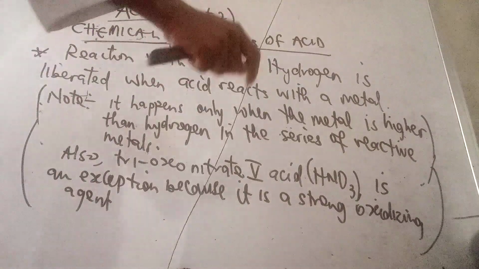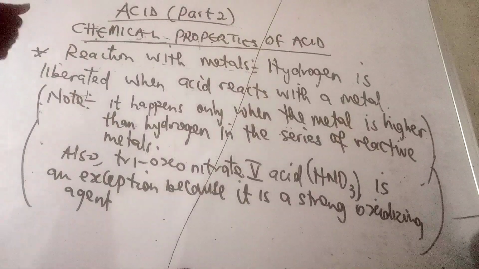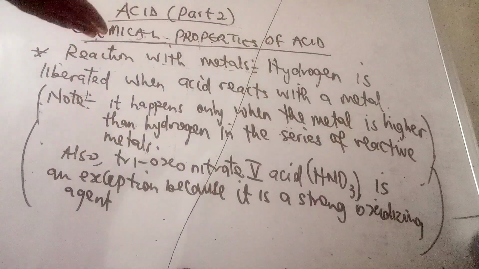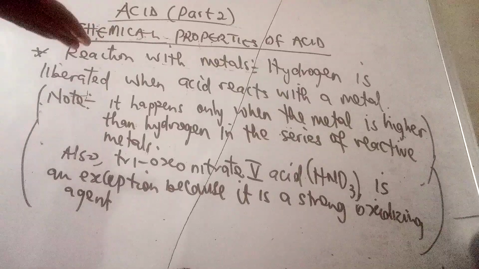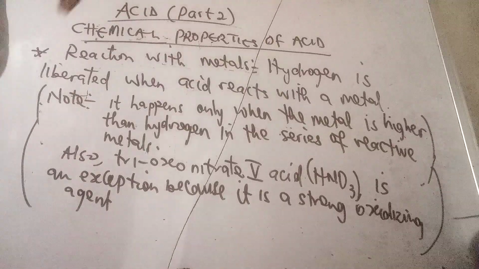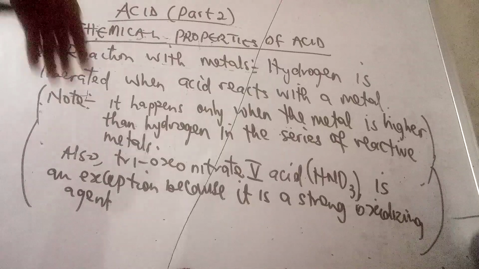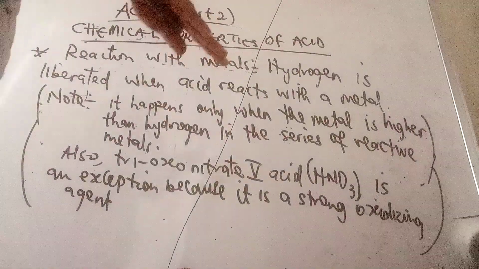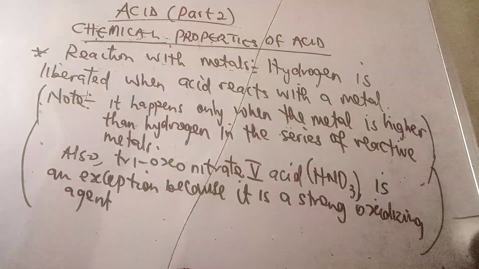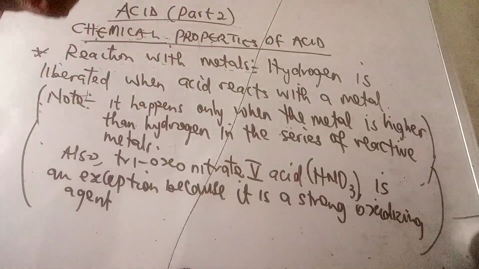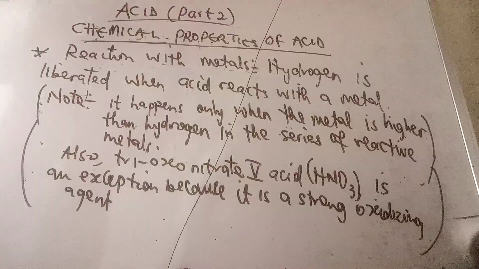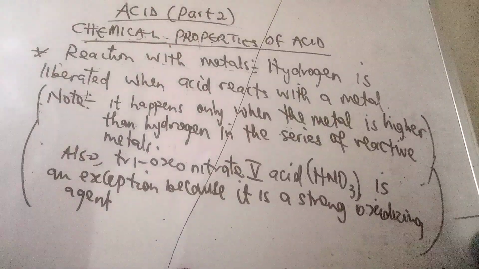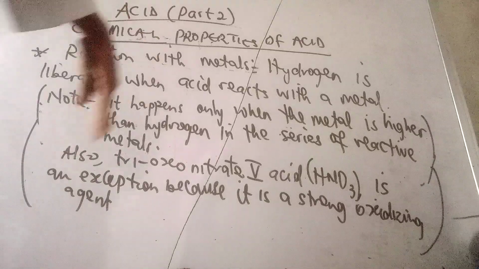Because that metal will not have the capacity to displace hydrogen from the acid. Why? Because it is lower than hydrogen itself in the series. But when the metal is higher in position than hydrogen in that series, then that metal has more and enough energy to displace hydrogen from the acid and take over its position.